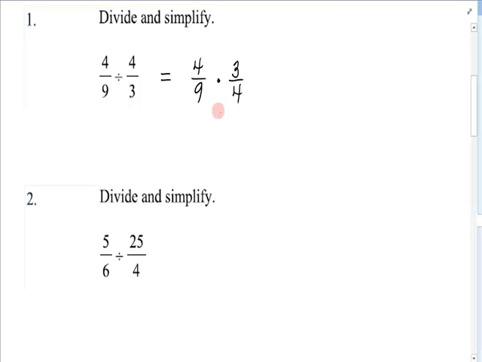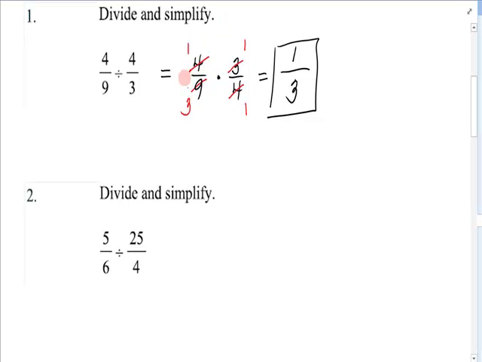Now, because it is a multiplication problem, I'm going to look on my diagonals and see if there's some reducing I can do. 4 goes into 4 once, 4 goes into 4 once, 3 goes into 3 once, 3 goes into 9 3 times, and I have 1 times 1 is 1, 3 times 1 is 3, and the quotient, the answer to the division problem, is 1/3.